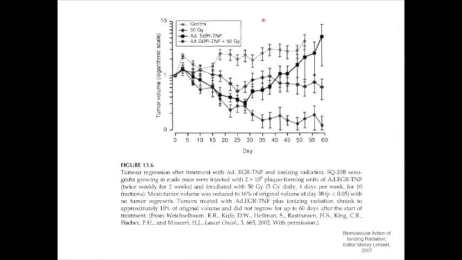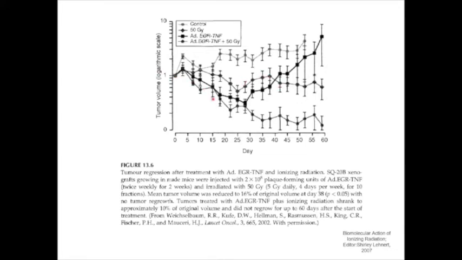And indeed, in vitro studies, here's our old friend, the tumor growth delay. Here's the control where the tumor's growing. Give 50 gray of radiation, and it does decrease some.